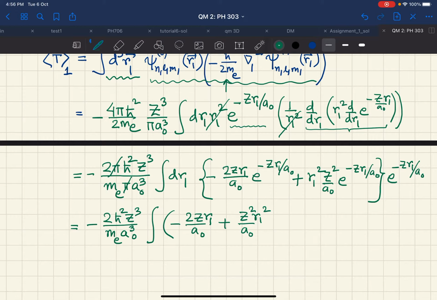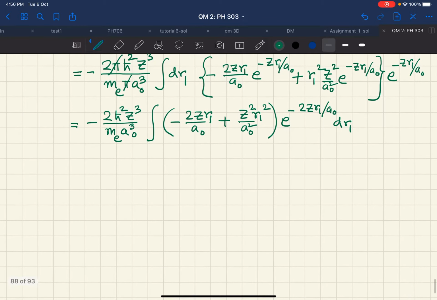In fact I think I have made a mistake here. There should be a factor of a0 squared here. Yes, and then e to the power minus 2Z r1 by a0 dr1.